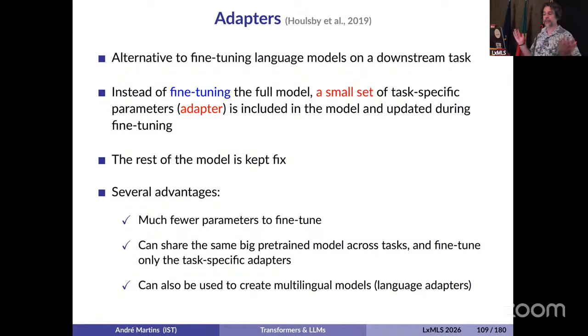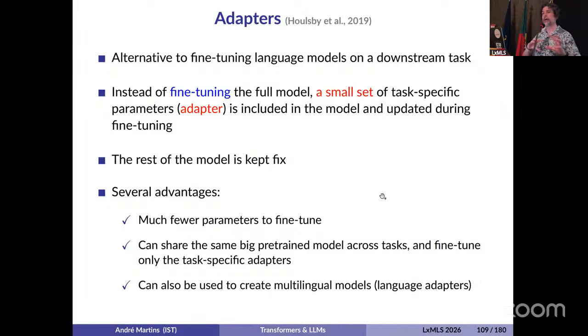This comes with many advantages, right? Now you have much fewer parameters to fine-tune. We can share the big pre-trained models across multiple tasks. Again, if you have 1,000 tasks, you need to train 1,000 small adapters, but they are really, really small, and all of them can share the pre-trained backbone, right? Which is way more efficient.